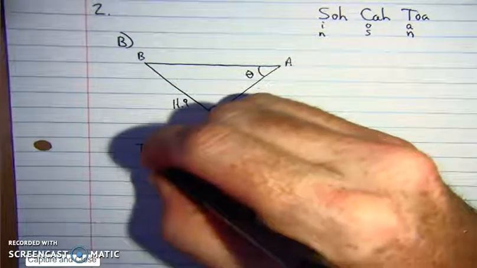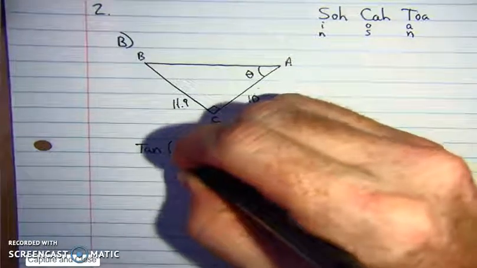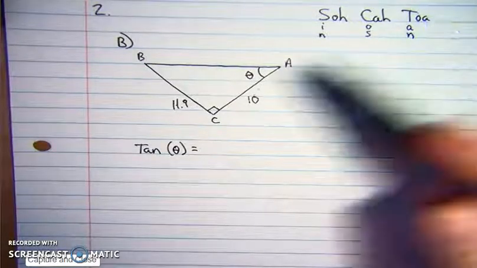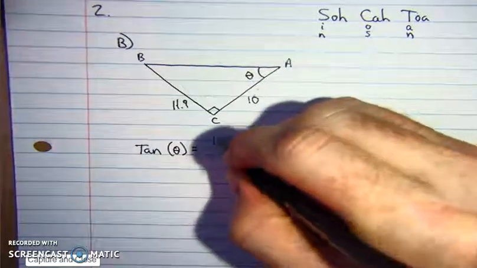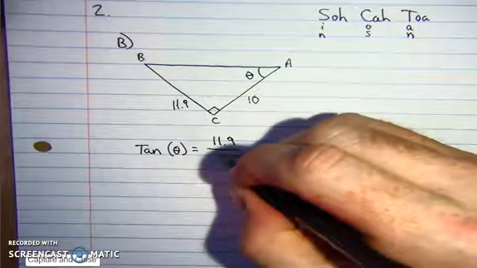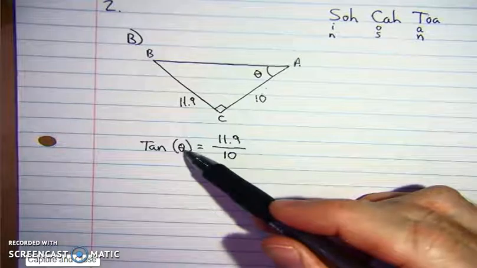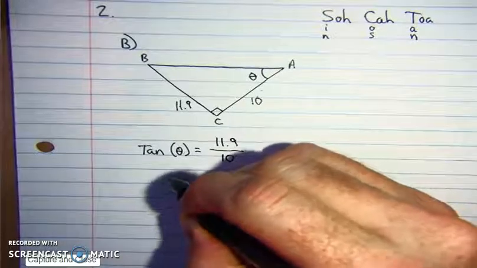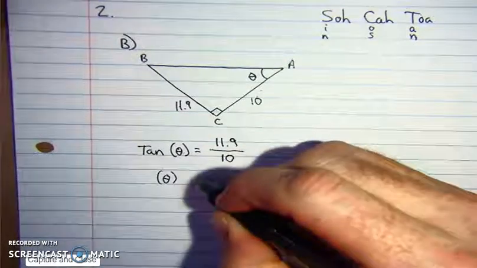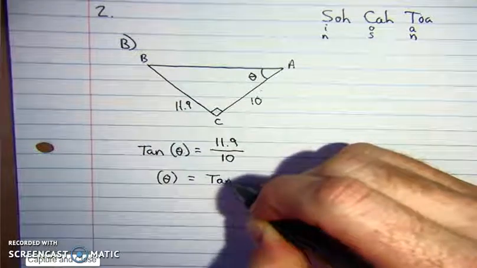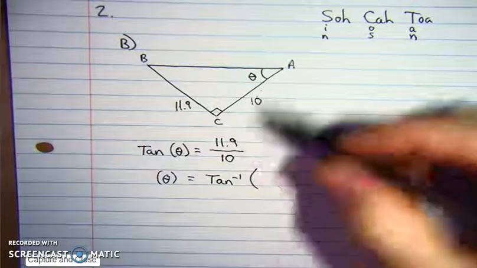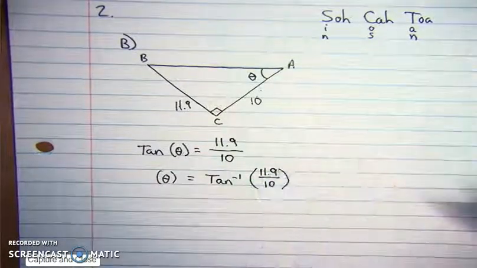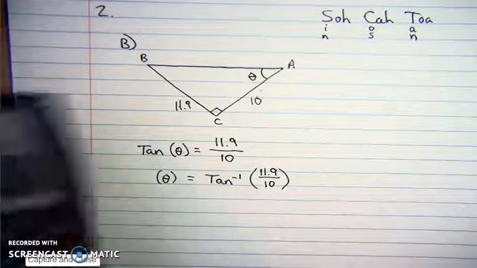Adjacent and opposite gives us tangent. So just go through there, see which one you need. So we know we're looking for a tangent function of that angle, and tangent is nothing more than opposite over adjacent, so we're going with the opposite, 11.9, over the adjacent, which is 10, and we need to solve for that angle. Remember, the only way to get rid of a function is to use the inverse of that function. So the angle theta is equal to the inverse tangent of opposite over adjacent, so 11.9 over 10. Now, go into your calculator.